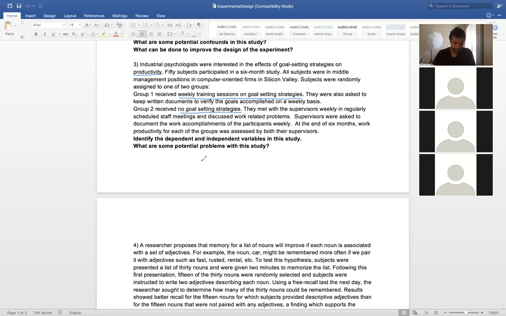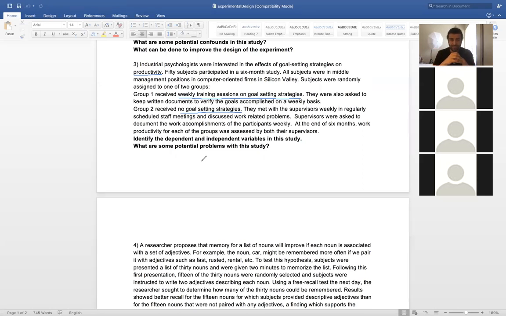So one of the problems in this experiment is the demand characteristics. The work that was demonstrated by the subjects in one group was measured by a different manager, and people in different groups were measured by a different manager.